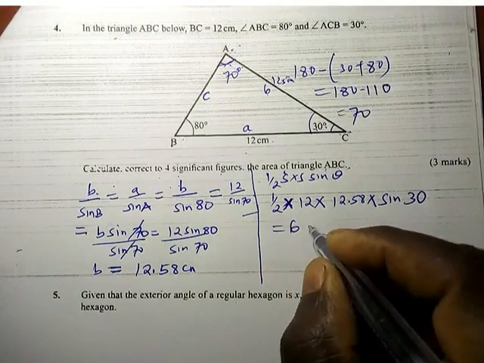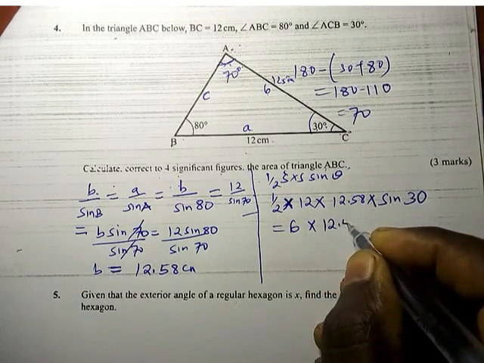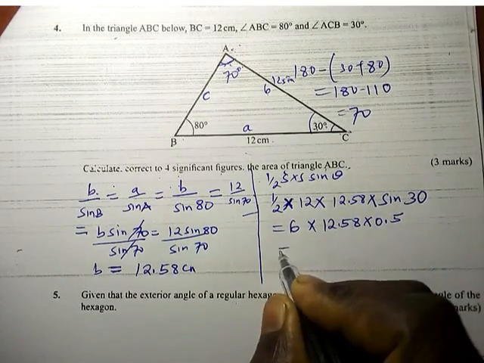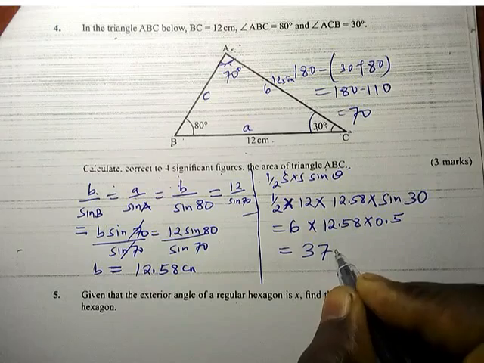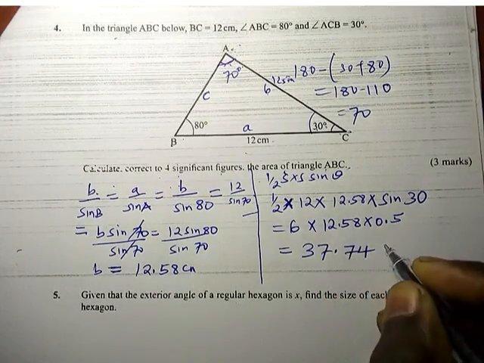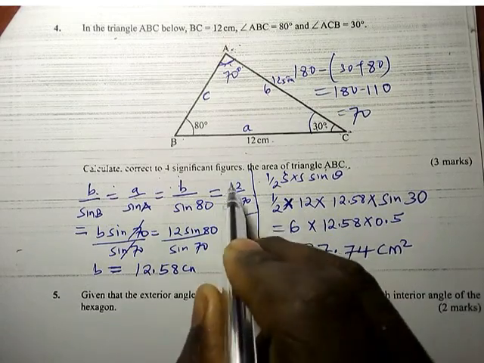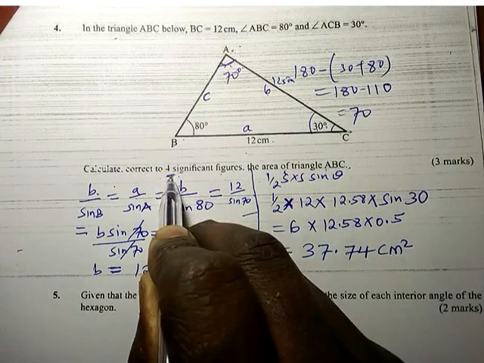This is the same as 6 times 12.58 times 0.5, and that one is 37.74 centimeters squared, to 4 significant figures: 1, 2, 3, 4. You must follow that condition.